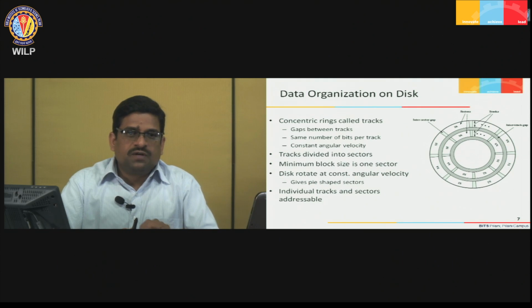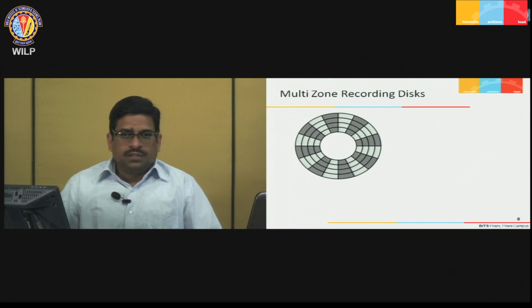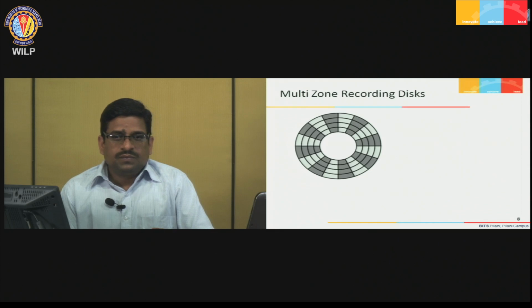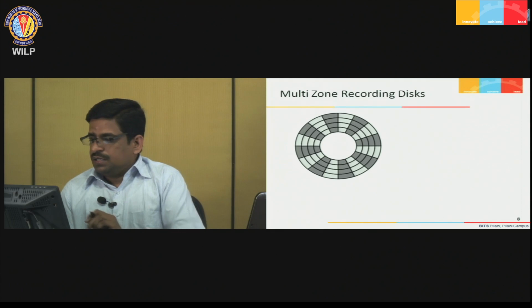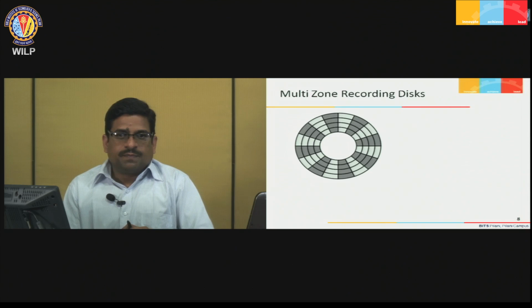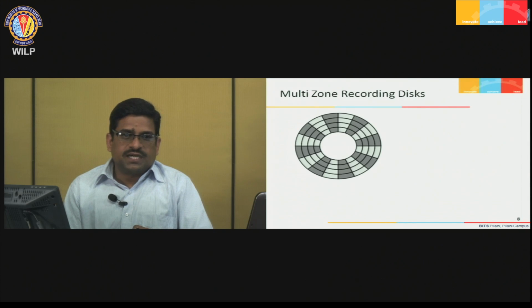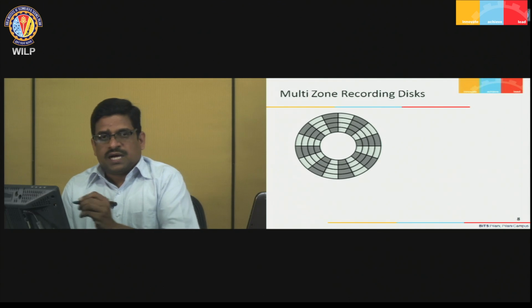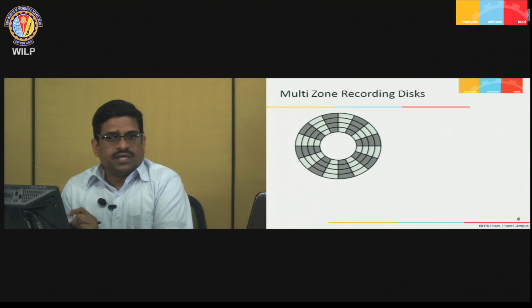Now, we can see in this picture that due to this constant angular velocity, we are getting pie-shaped sectors. Pie-shaped sectors mean the amount of information stored in each sector is the same, 512 bytes in one sector.